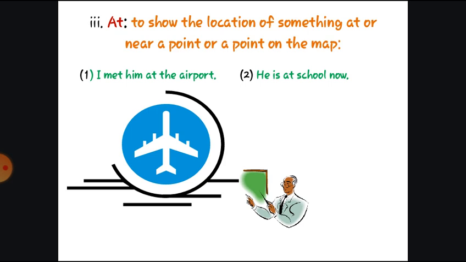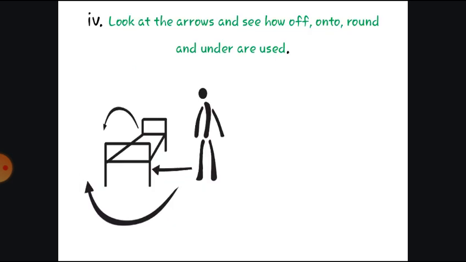Then you should use at as a preposition. In other words, if something is near the other thing, then at as a preposition is used, as you can see in the picture. So this is about at as a preposition, dear students.